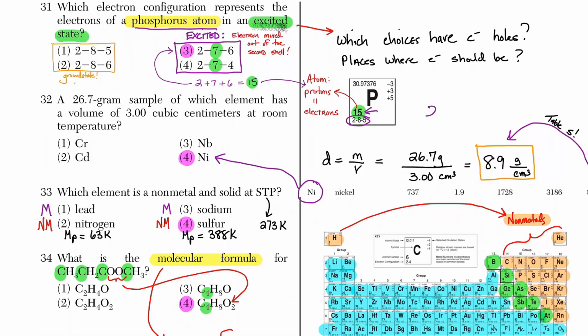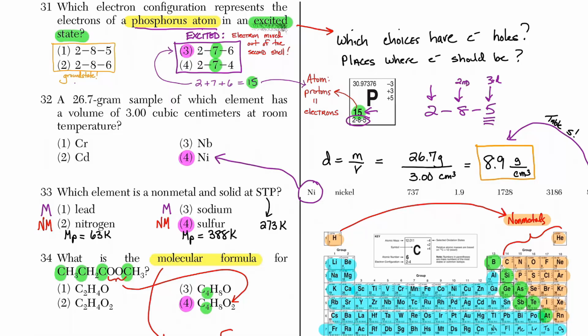This is the arrangement 2-8-5. That's 2 in the first energy shell, or the period or row. 8 electrons maximally fill the second shell, and now you have 5, and that's your valence electrons, and that's ground state because we can't go to the third energy shell until we fill the second.